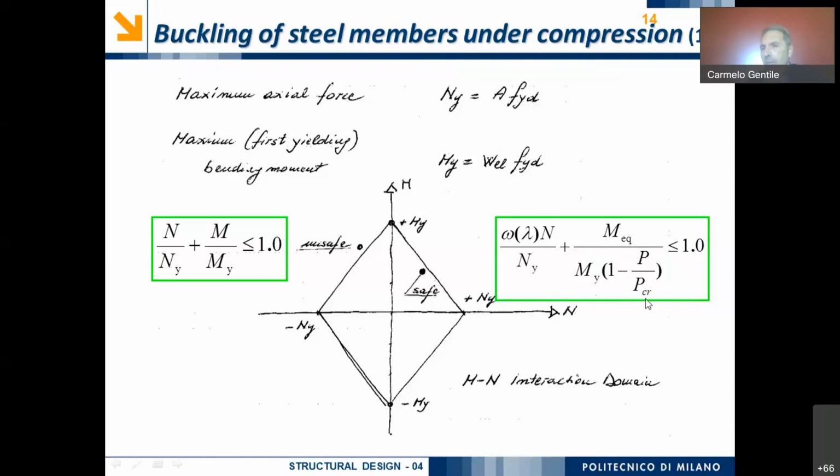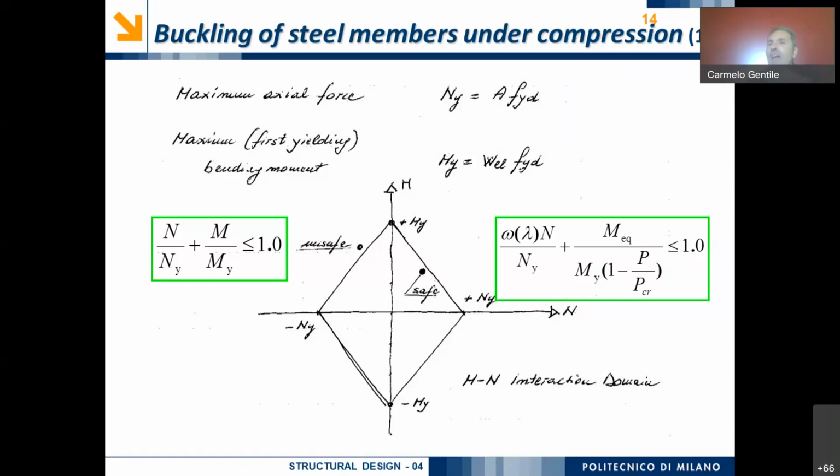And afterward we have to sum this to an equivalent bending moment over M epsilon times 1 minus P over critical P. The equivalent value of the bending moment might be defined in two ways. For example, it might be assumed as the maximum bending moment in the column, and this is a quite conservative assumption.